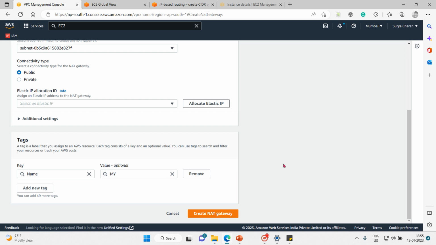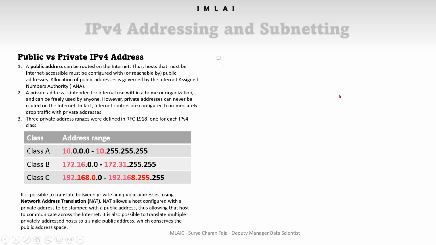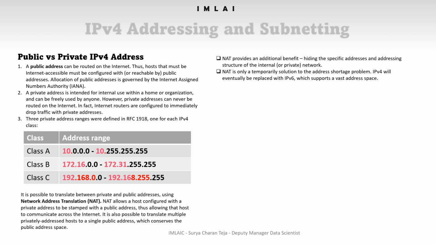Normally NAT provides an additional benefit: hiding the specific addresses and addressing structure of the internal or private network. NAT is only a temporary solution to address a shortage problem.